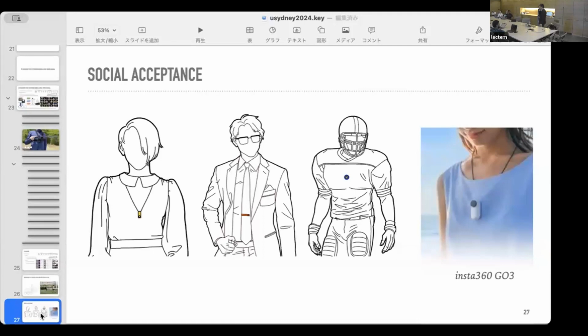Are you talking about the privacy issues? Yeah, and social acceptance issues. Okay, yeah, that is one of the issues of wearable cameras, like you see. And we are also thinking about that.